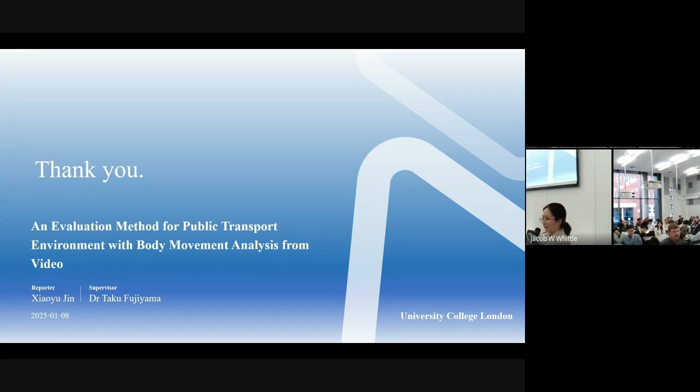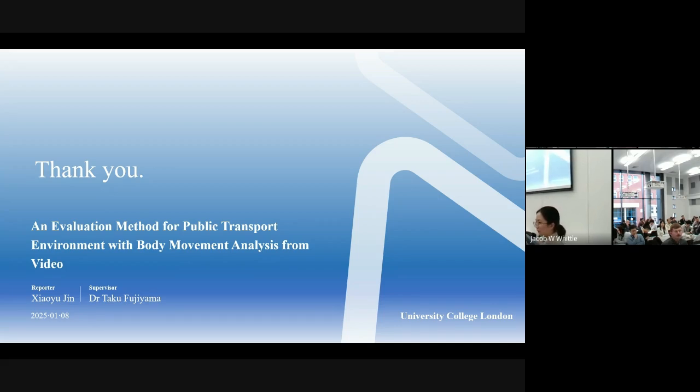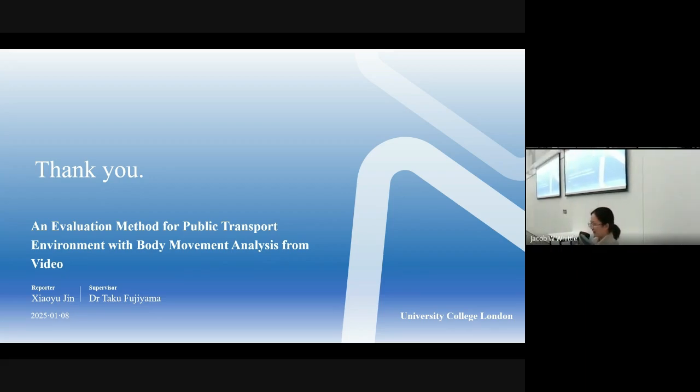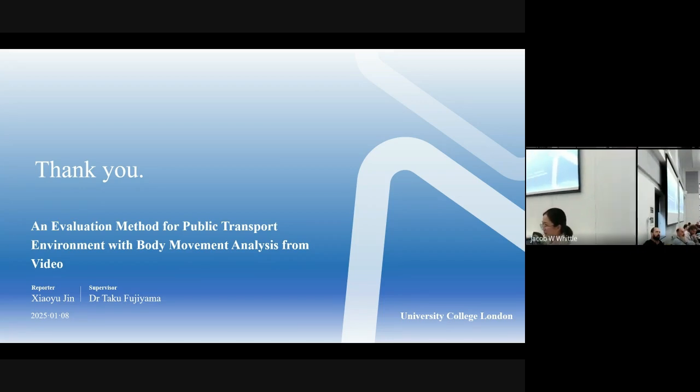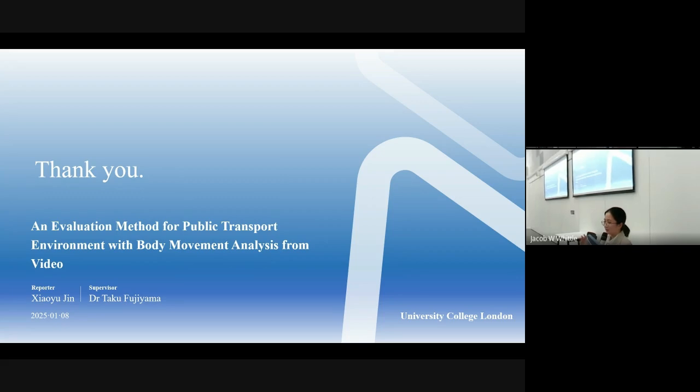Yes, if the train can stop at almost the same point each time, it will help us position the infrastructure on the platform better, because you can see the step length will change depending on which door they are likely to alight from and how close they are to the infrastructure on the platform. So if the distance is fixed, we can determine which value is the best with the relationship we can analyze.